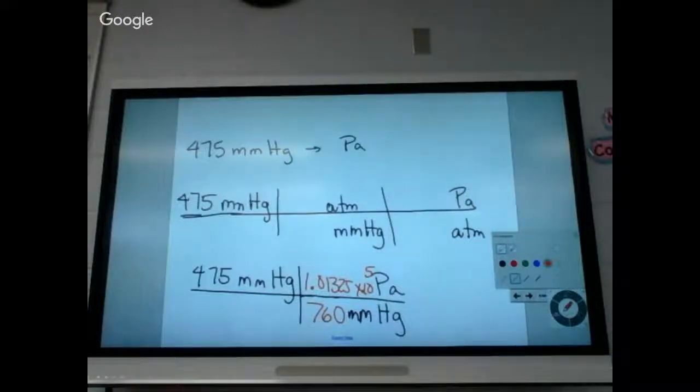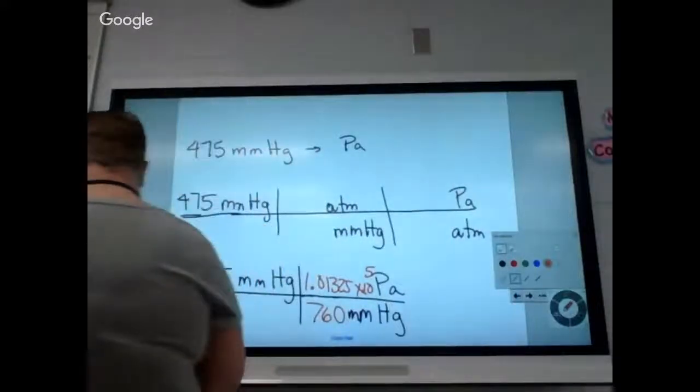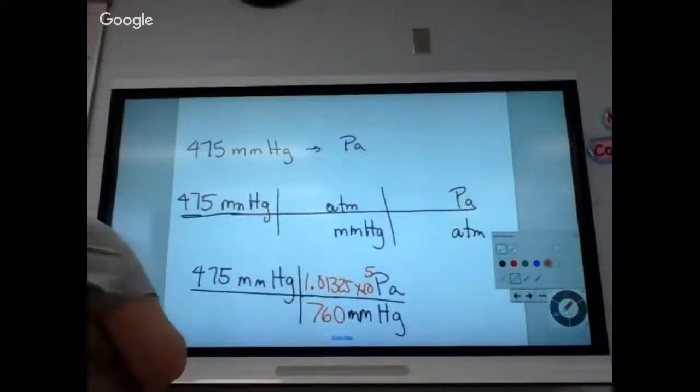Second, and then EE, right? No times 10, none of those things, just second and EE. Then I put 5, hit enter, and divide by 760. Now I get this 63,000 number.